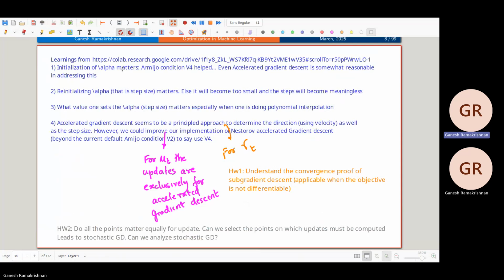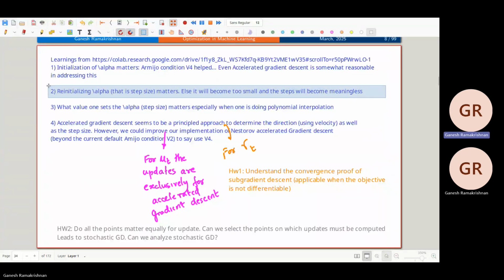Now this sufficient decrease condition and the update for shrinking alpha based on whether the sufficient decrease condition is achieved or not depends in turn on how you have initialized your alphas. So alpha initialization matters. Second, as I said, if there's no sufficient decrease, you may want to reinitialize alpha. So reinitialization of alpha also matters.